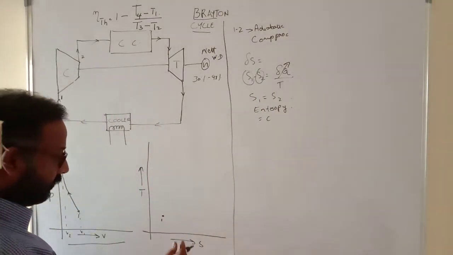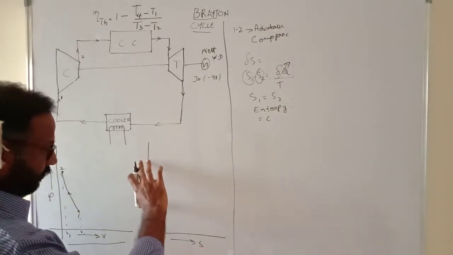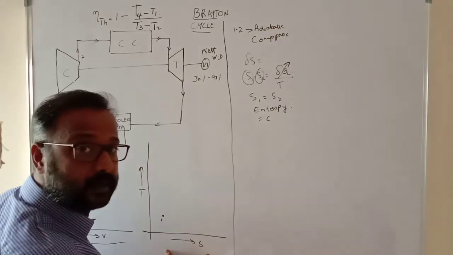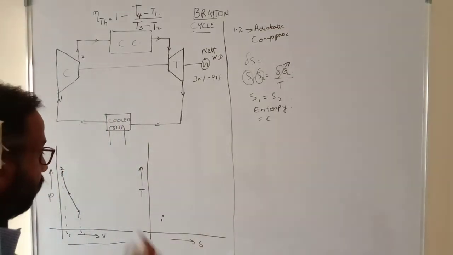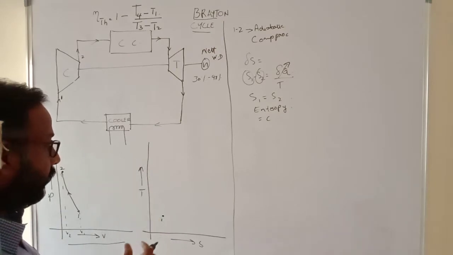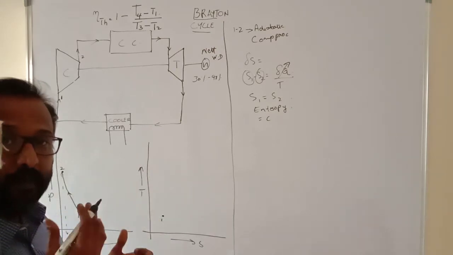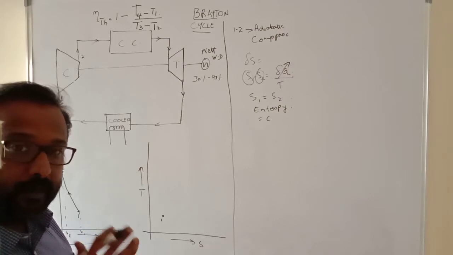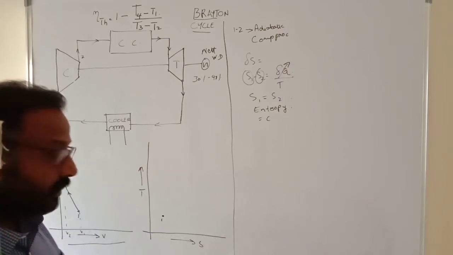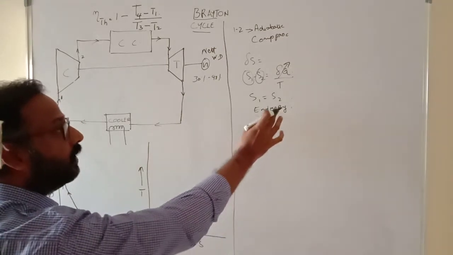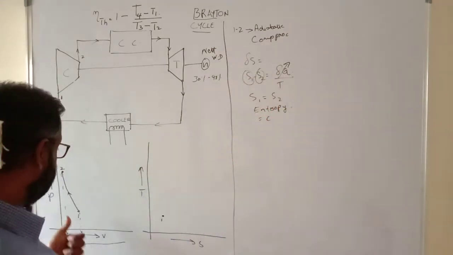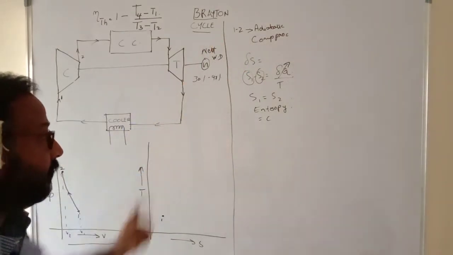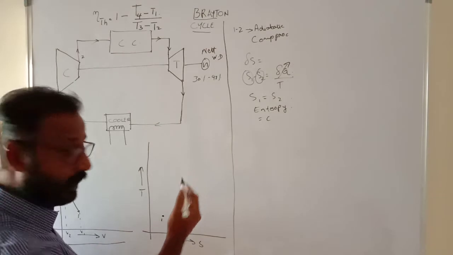Now, you can see that the y-axis is denoted by temperature and the x-axis by entropy. When you're compressing something, the pressure increases, the volume decreases, and the third effect is that the temperature increases. The entropy, but, will remain constant since it is an adiabatic process. 1 to 2 being an adiabatic process, the entropy will remain constant but temperature will increase.